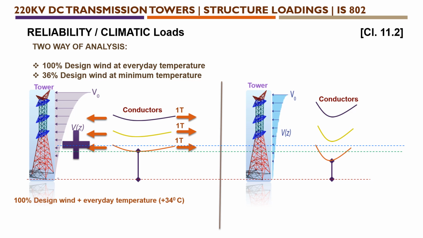So the measurement, if taken from the left hand side, having the 100% design wind at everyday temperature of 34 degrees Celsius, is more clearance we are having, less sag. On the right hand side, if you see, there is a huge sag which affects the ground clearance.